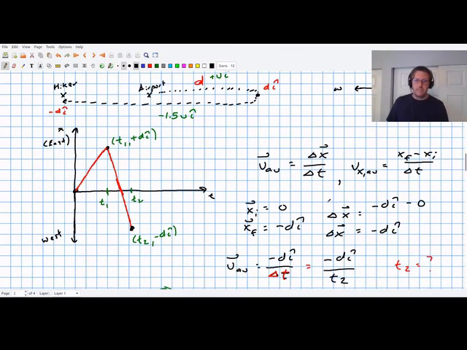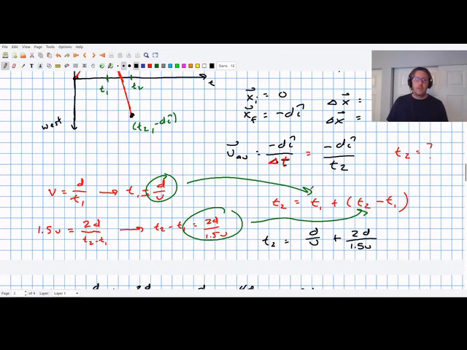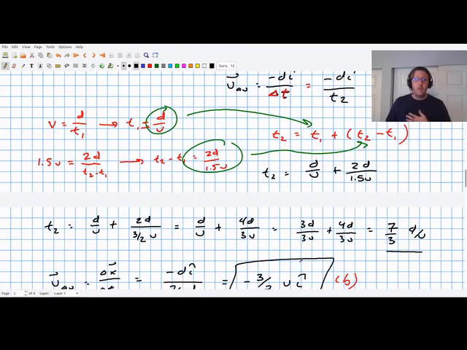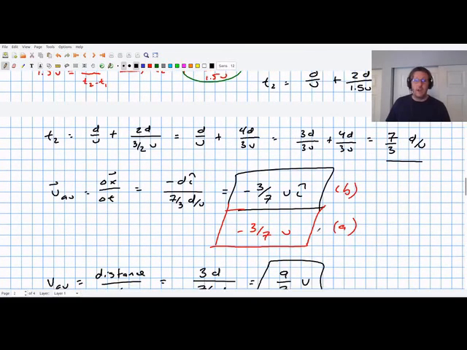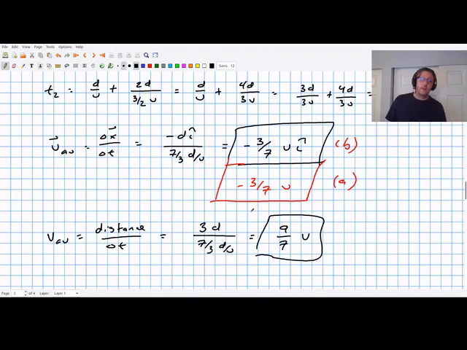We know the displacement is negative d i hat. The hard part is going to be finding out how much time it takes. So then we wrote down some things about the velocity on the eastward trip and the velocity on the westward trip, and used that to figure out how much time it took to do the whole thing. We simplified that, and we got negative 3/7 v for the average velocity. And then we also figured out the average speed by taking the distance divided by the amount of time, and found out that that was between 1 and 1.5 v. All right, thank you.